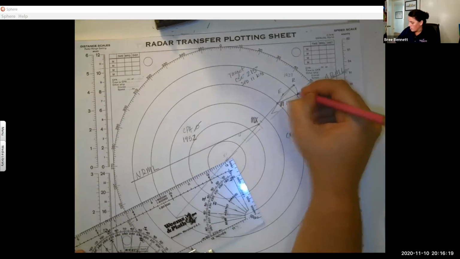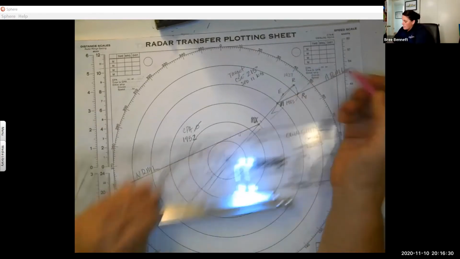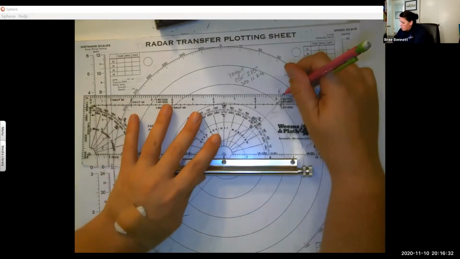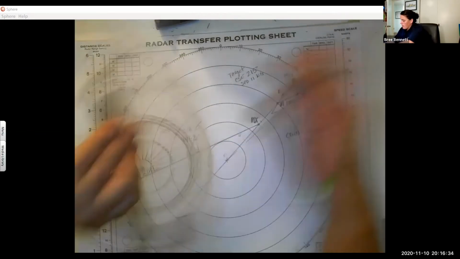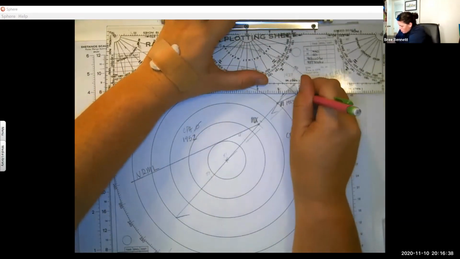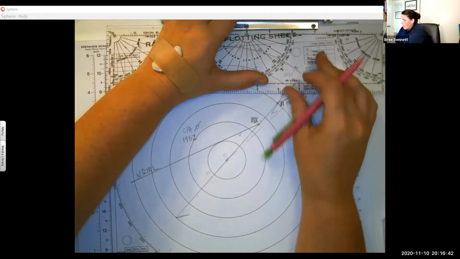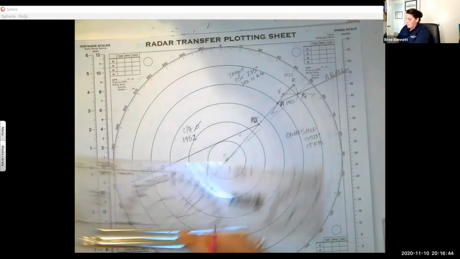Right here. So this is my R prime, or my new course line. So if I connect E to R, E to R, that is my new course line.